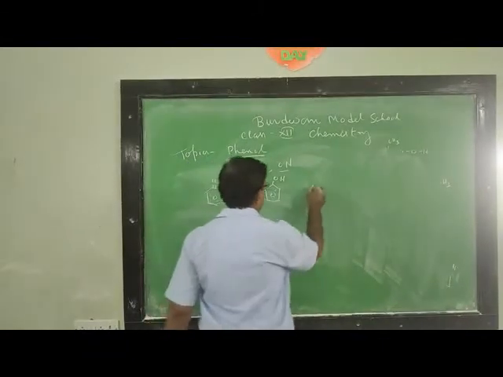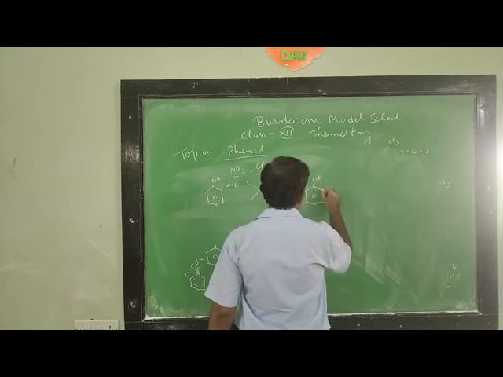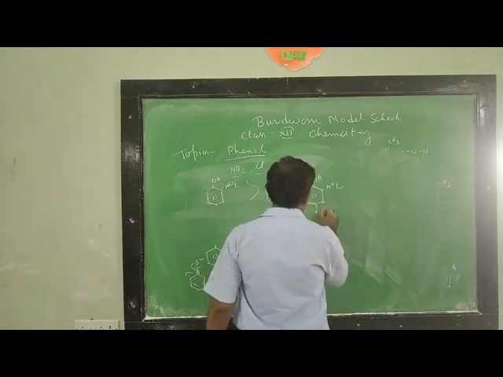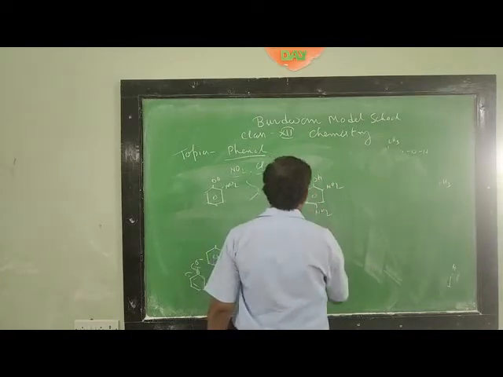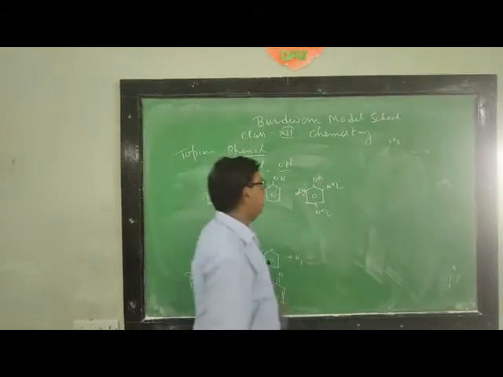For example, picric acid, 2,4,6-trinitrophenol, with OH and NO2 groups. Picric acid is the most acidic because three electron withdrawing groups are present.